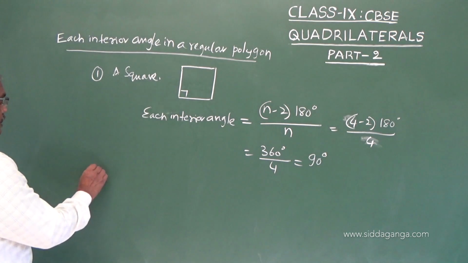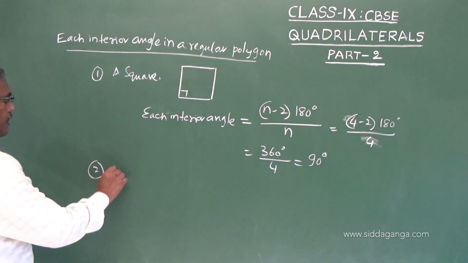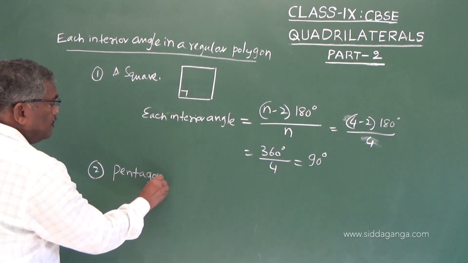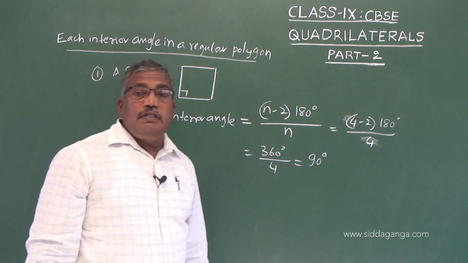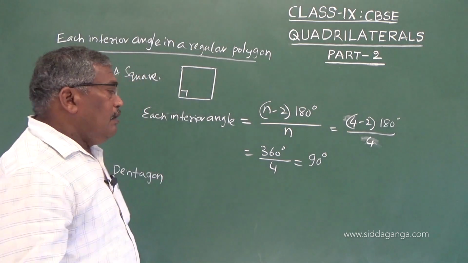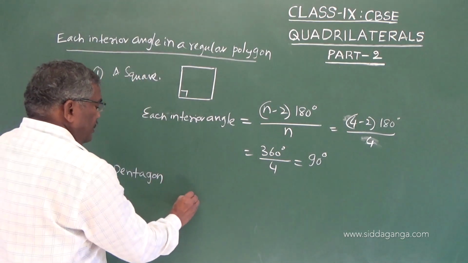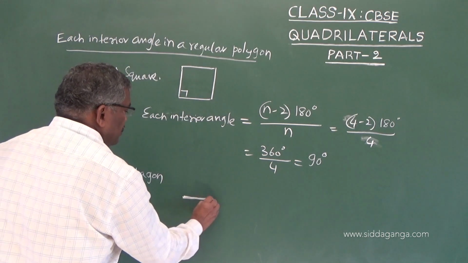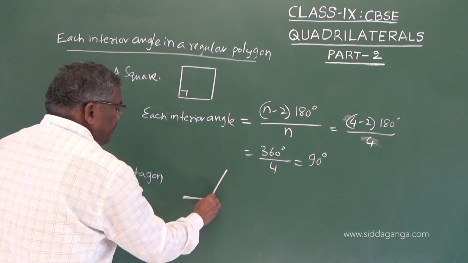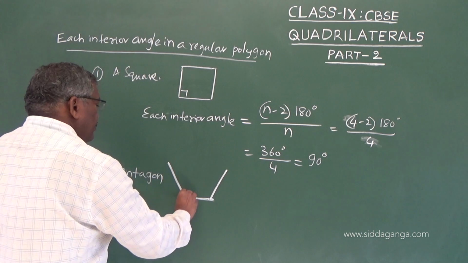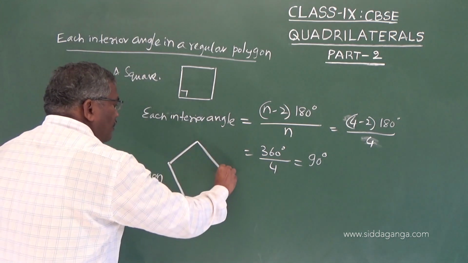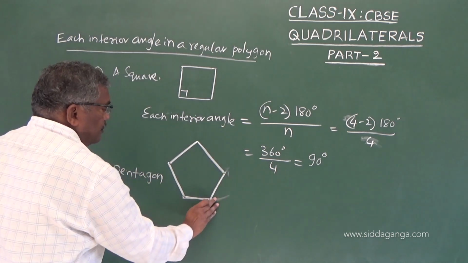So similarly, let us take up a pentagon. A pentagon is one which is having equal 5 sides and equal 5 angles. Pentagon will be of this shape.